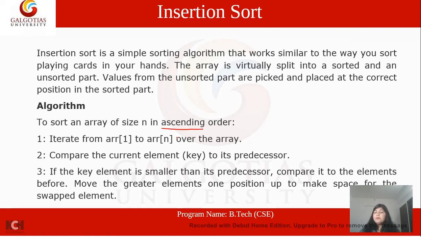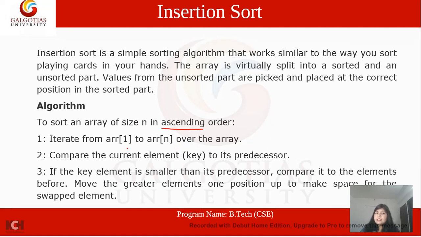You have to remember the conditions in the algorithm, whether you are arranging in ascending order or descending order. Step 1 is to iterate from array 1 to array n over the array. That means starting from the first element to the nth element. Now when I say first element, you also see the index value.